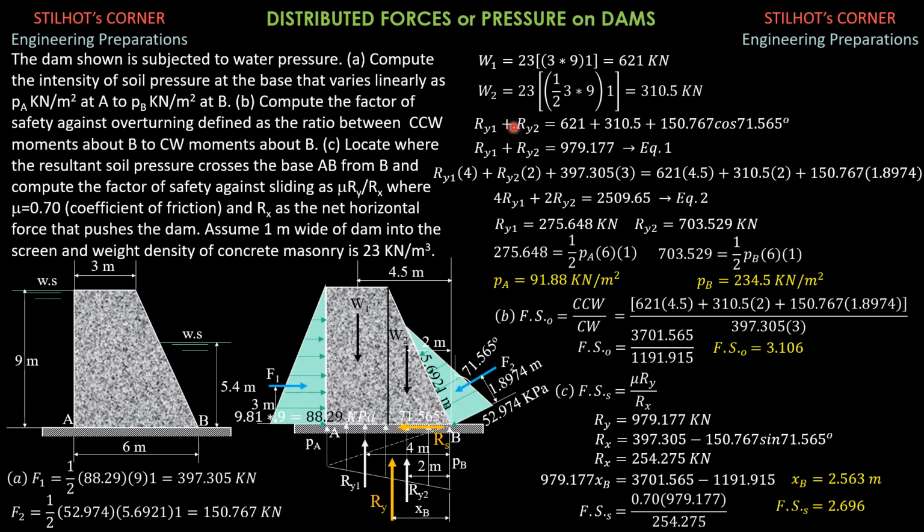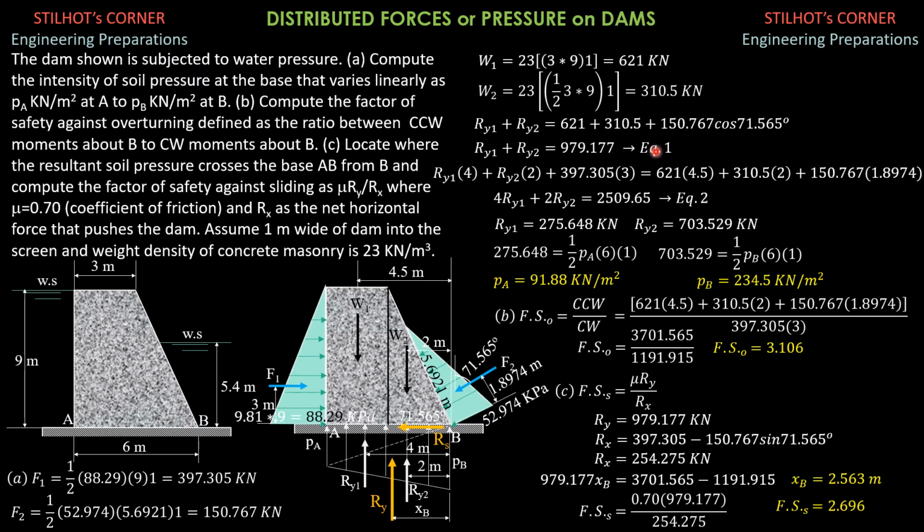So Ry1 plus Ry2 is weight 1 plus weight 2 plus the vertical component of F2, 170.767 cosine of 71.565 degrees. Therefore, Ry1 plus Ry2, which is equal to Ry for the calculation later, is 979.177 kilonewtons.